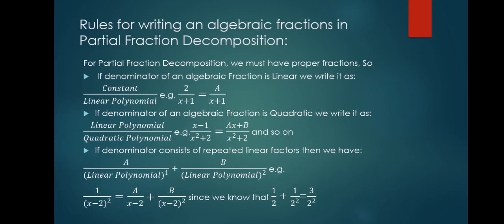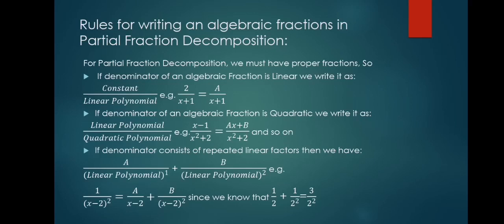If the denominator consists of repeated linear factors, meaning linear factors whole power 2, 3, 4 and so on, then we write it as a by the linear polynomial to the power 1 and then plus b by the linear polynomial to the power 2. For example, 1 divided by x minus 2 whole square will be written as a divided by x minus 2 to the power 1 plus b divided by x minus 2 to the power 2.